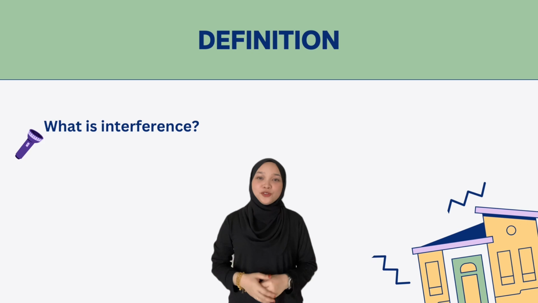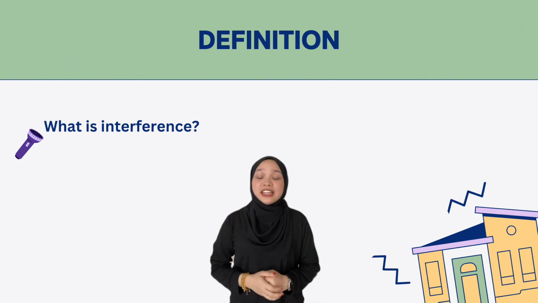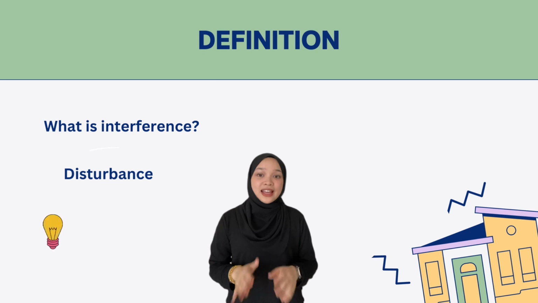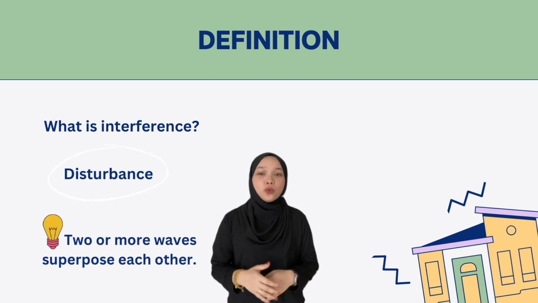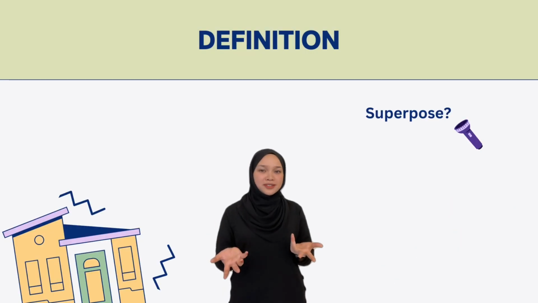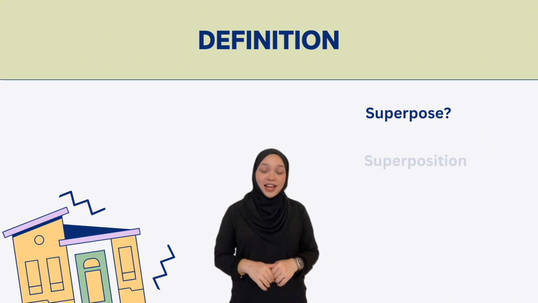Okay, let us move to the definition of interference of wave. What is interference? It comes from the word interfere, which means disturbance. That means interference of wave is when two or more waves superpose each other. Superpose produces a state of superposition.